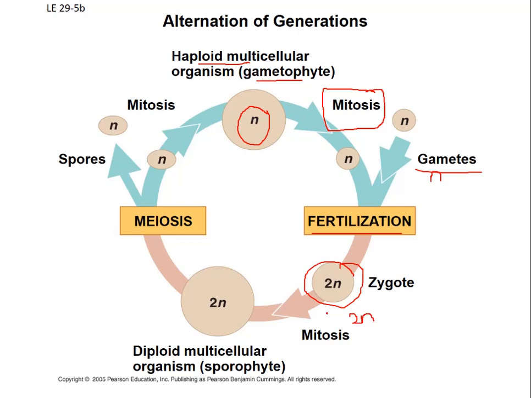The zygote will undergo mitotic division and develop into a diploid multicellular organism that we call the sporophyte. The sporophyte is 2N and produces spores. The spores are produced via meiosis, that's why the spores are N. The spores undergo mitotic division and develop back into a multicellular gametophyte. That is how the alternation of generations takes place between gametophyte and sporophyte.